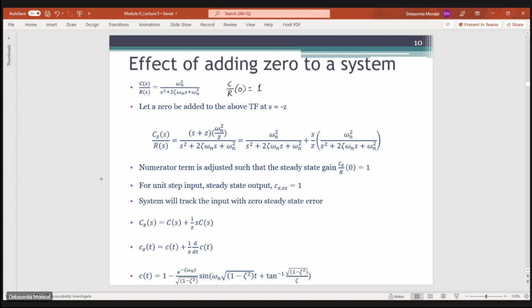So Cz of s is equal to Cs plus 1 by z into sCs. Taking the Laplace inverse, you get the time domain expression: Cz of t equals Ct plus 1 by z multiplied by the derivative of Ct. So if you take the derivative of the expression for Ct, divide it by z, and add it to the original expression, you get the expression for Cz.